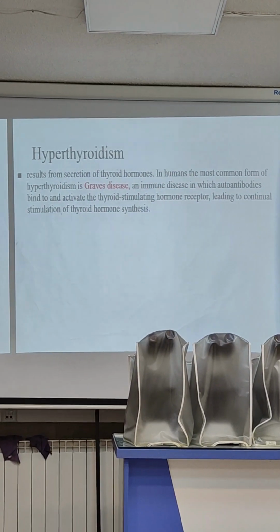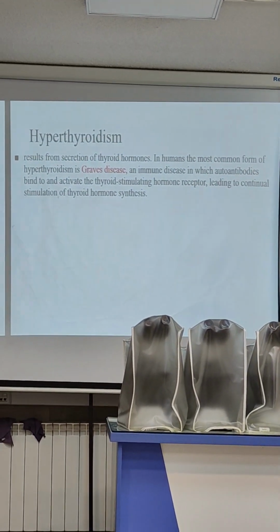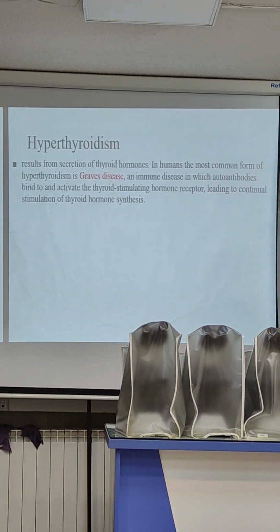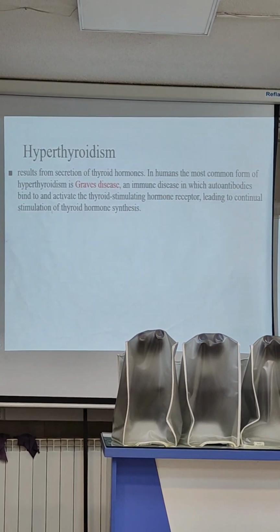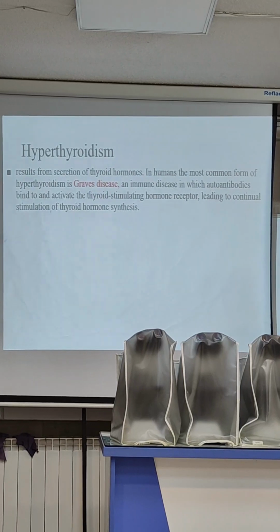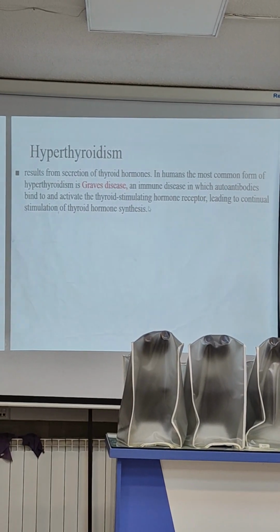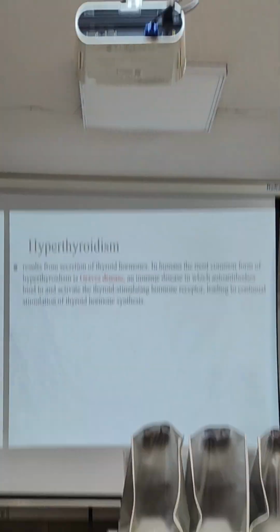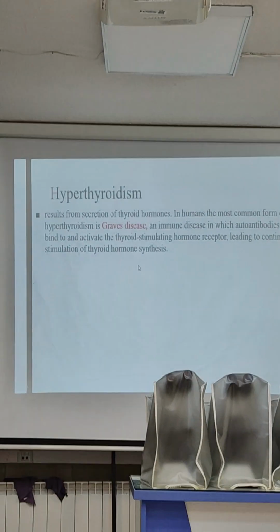By mistake, our immune system produces antibodies, and these antibodies can destroy our glands, our organs, our tissue. So in this case, our body produces autoantibodies, and these antibodies can bind to the TSH receptor, actually leading to the stimulation of hormone synthesis.